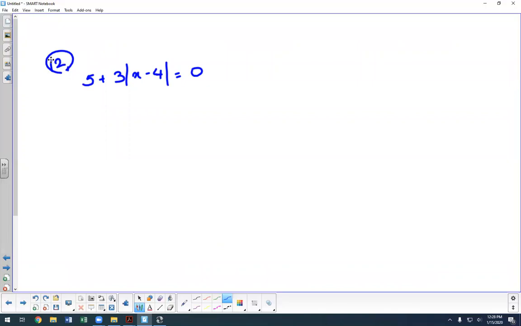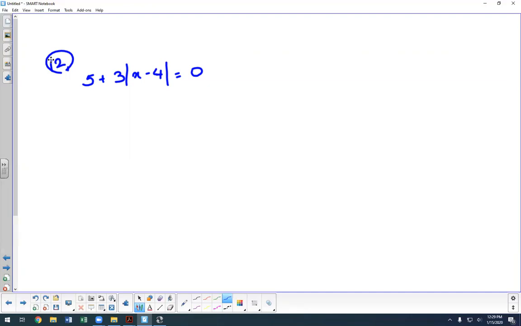Okay, very good. So now what do you think we can do from here on? Keep it as negative 5 first? Yeah, you don't have to simplify it. So you've got your absolute value on one side. Yeah, so the absolute value of x minus 4 equals negative 5 over 3.